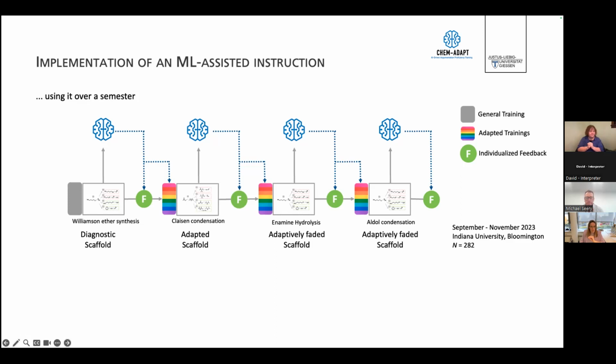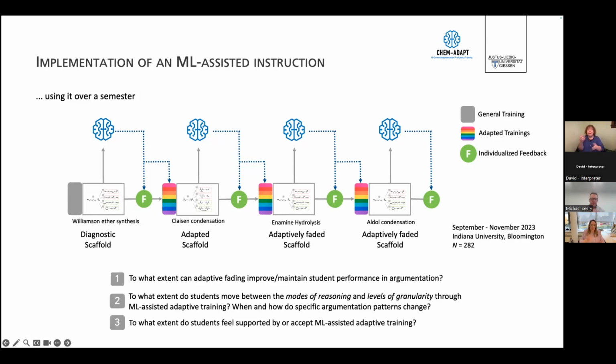So these exercises refer to their current level of understanding that they show. And so over the semester, students are supported, based on their individual level of knowledge, to build arguments in organic chemistry.